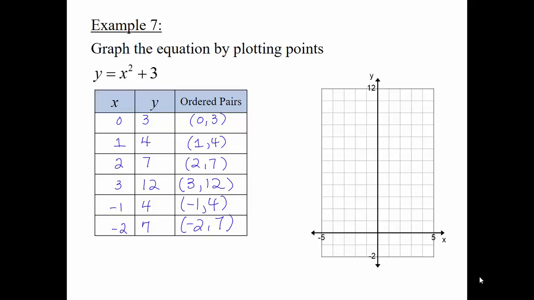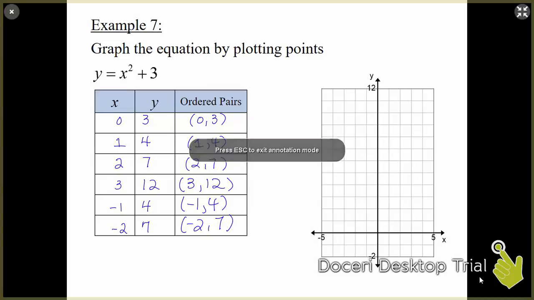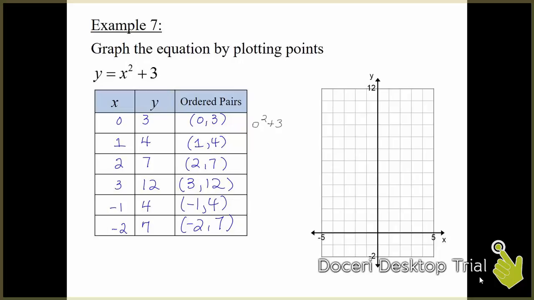So if x is 0, you've got 0 squared plus 3, which is 3. And so what you've done, you can see, you just plug in your x, whatever it is. So in other words, I have 0 squared plus 3, and I get 3.